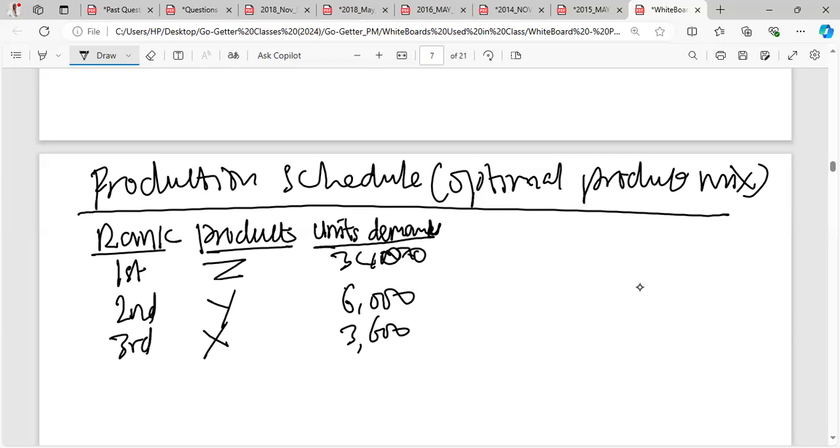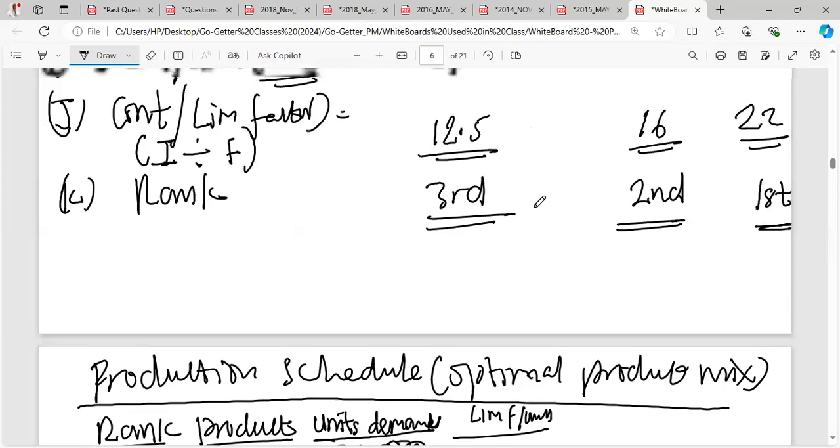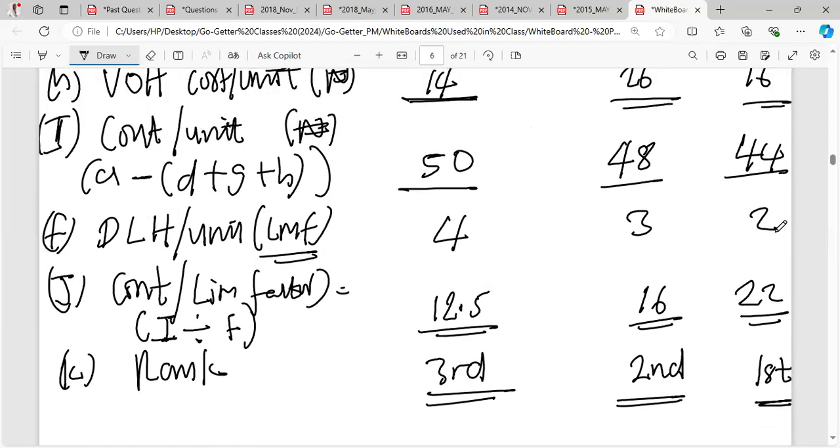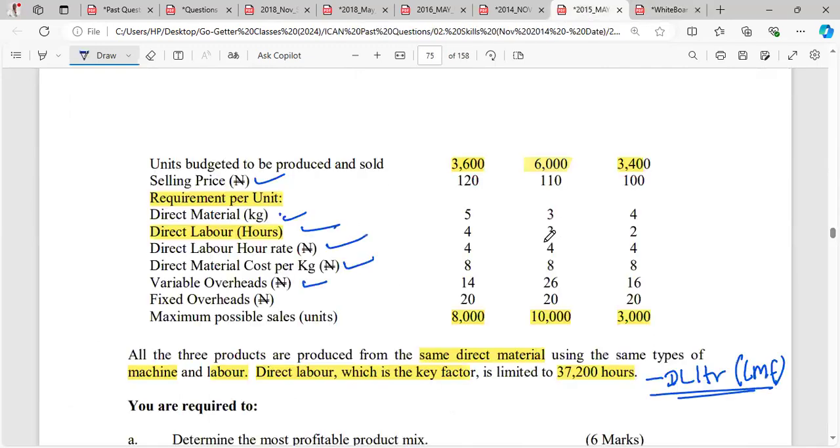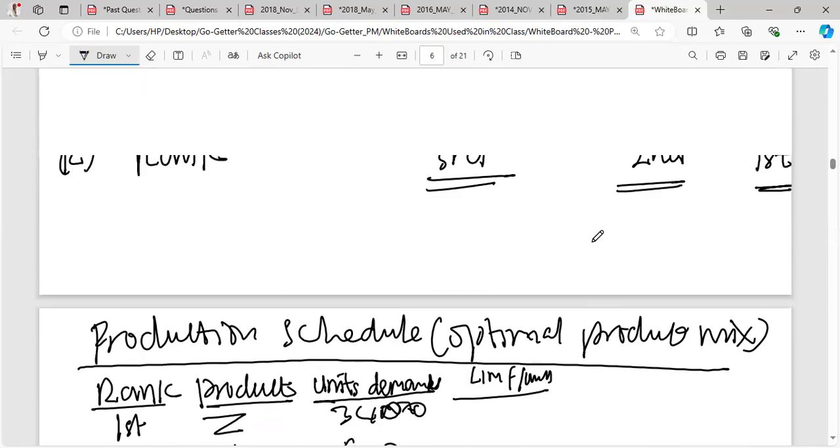Now you say labor hours, which is the limiting factor per unit. Labor hours for Z is 2, 3, and 4. Oh, did I write this thing wrong? 3,400, yes. 6,000, 3,600. 3,400, 6,000, good. It's correct.